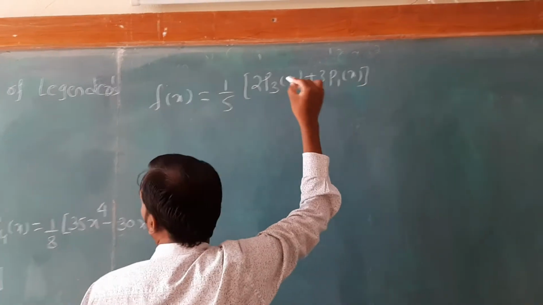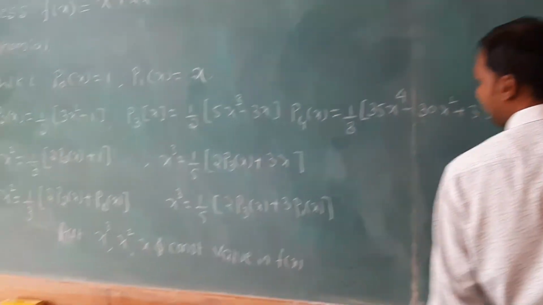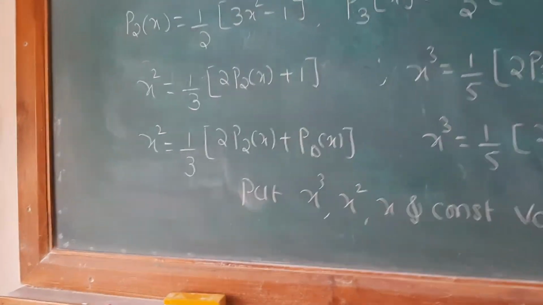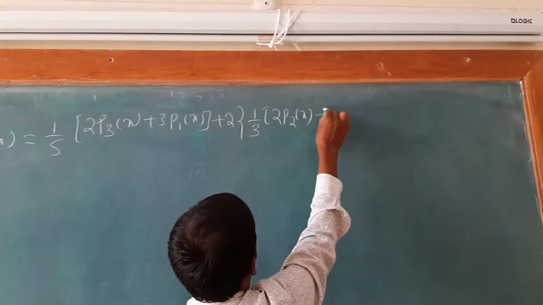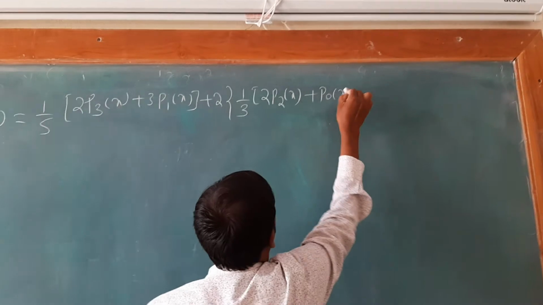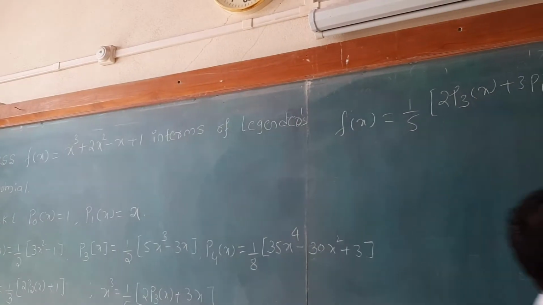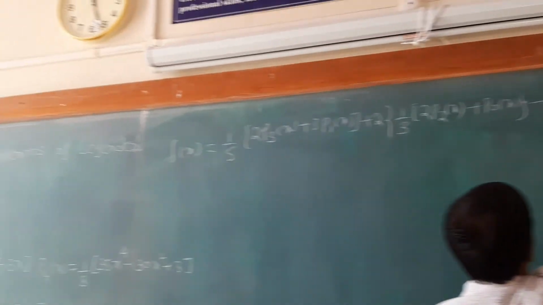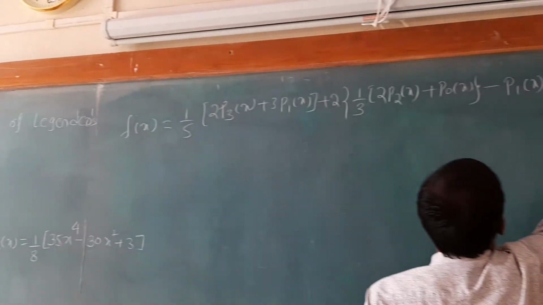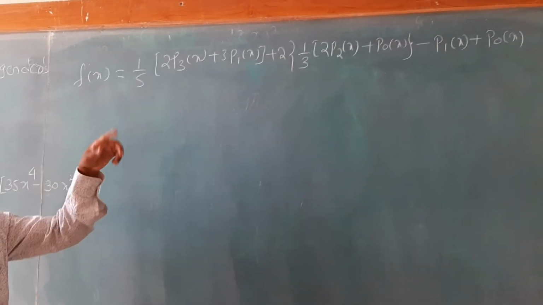Then 2 x square, where 2 stays as it is, and the x square value is 1 by 3 into 2 P2 of x plus P naught of x. Then minus x, so minus P1 of x. Then the constant value is P naught of x. So we have substituted the x cube, x square, x and constant values.